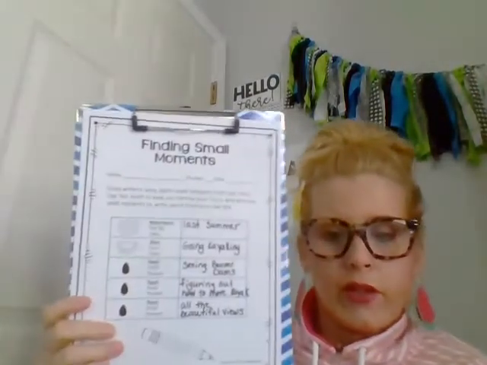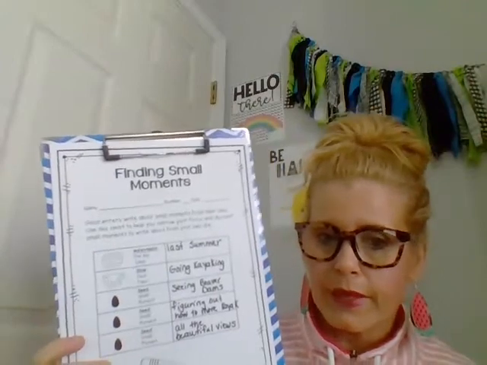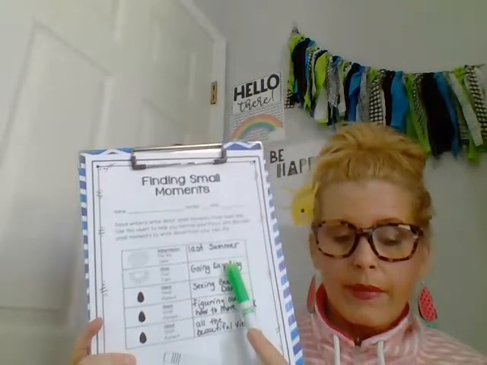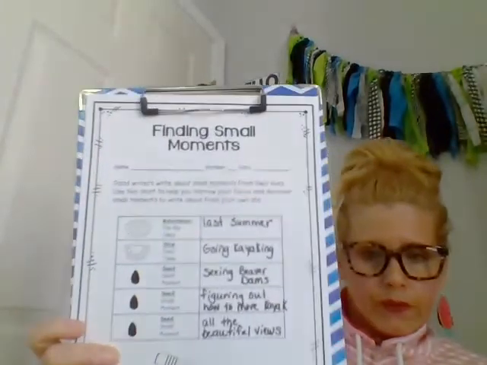And then you could have a graphic organizer that looks something like this, and it's the same information from that one again, where the watermelon is the big idea, and that was last summer. And then the slice, which is my topic, is going kayaking. But now I'm going to take all those seed moments that I just wrote down and include those in my story and explain about them. So seeing beaver dams, figuring out how to move the kayak, and all of the beautiful views.